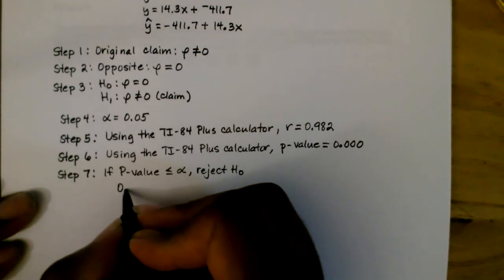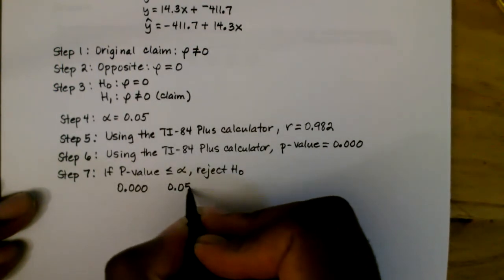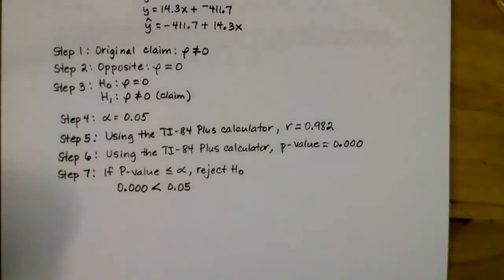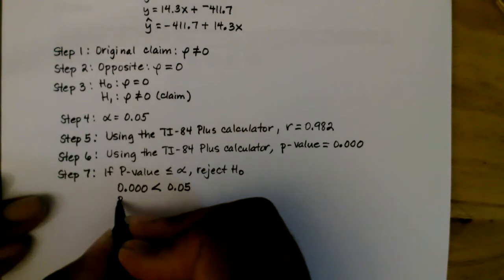The p-value was 0.000. The alpha level was 0.05. And of course, 0.000 is definitely less than 0.05. That means we need to reject the null hypothesis.